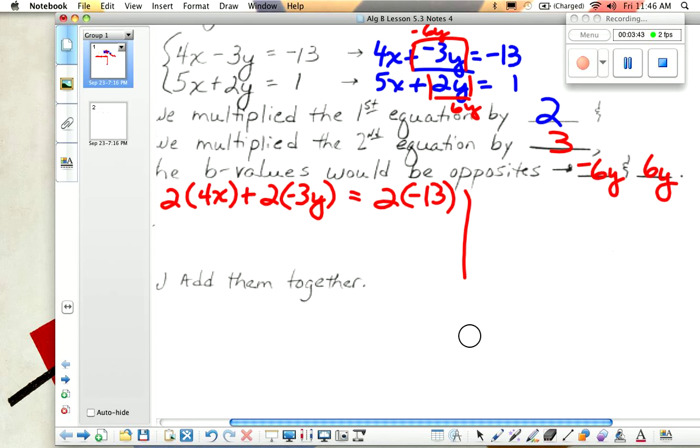The other one we're going to multiply by a positive 3. So we're going to take 3 times 5x plus 3 times 2y equals 3 times 1. So the first equation is getting renamed by multiplying by 2, the second one by multiplying by 3.